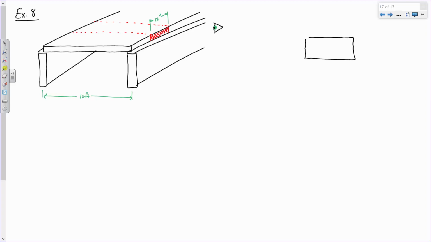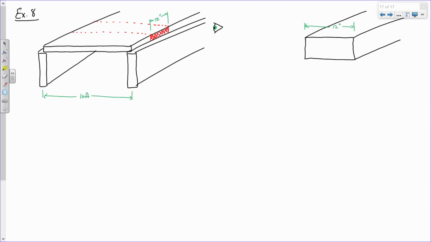Maybe something like this. And this dimension is 12 inches. So that dimension here is this dimension. This is just me looking into it. Okay, does that make sense?